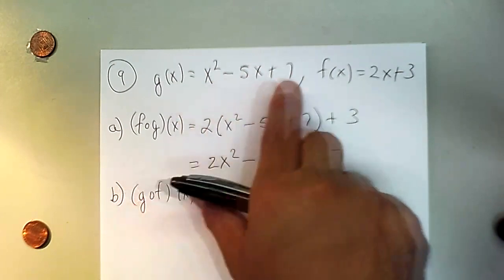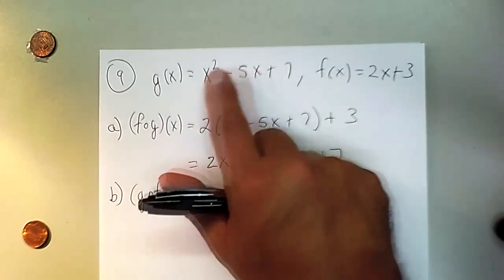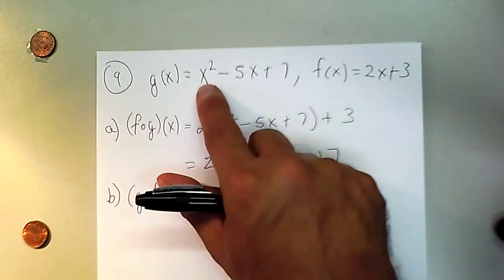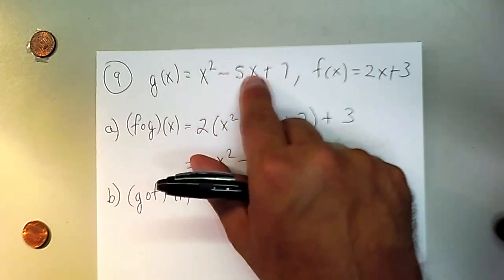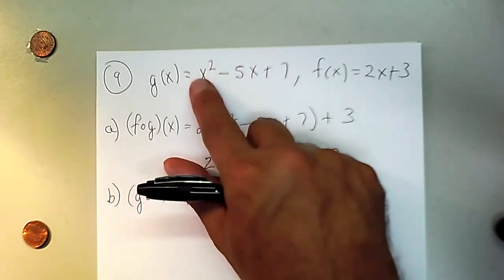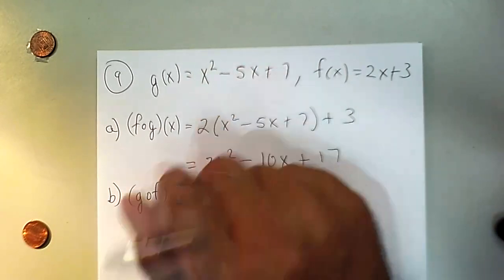So we're going to use the input twice, because the formula calls for using it twice. Square the input, multiply the input by 5, subtract those two. After doing that, then add 7.